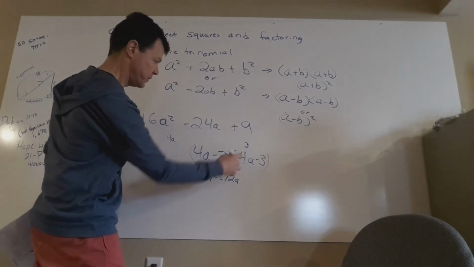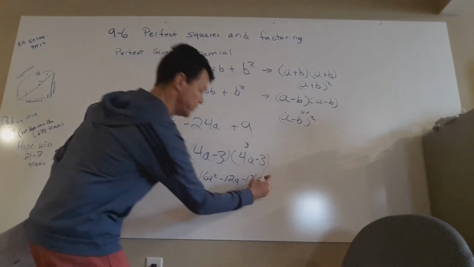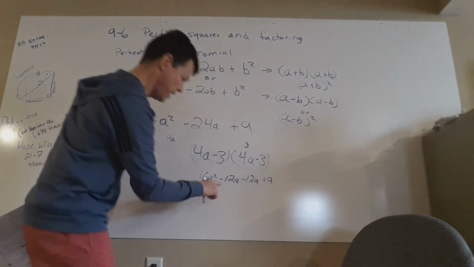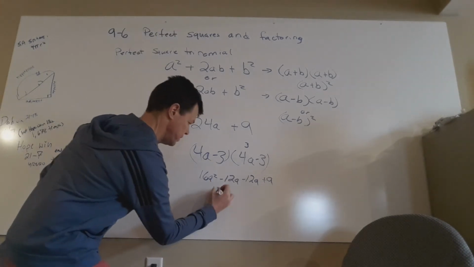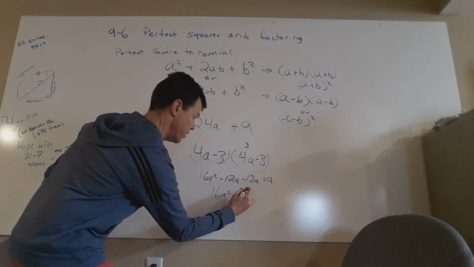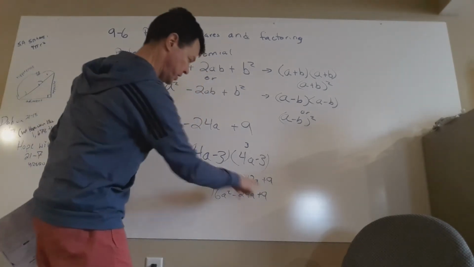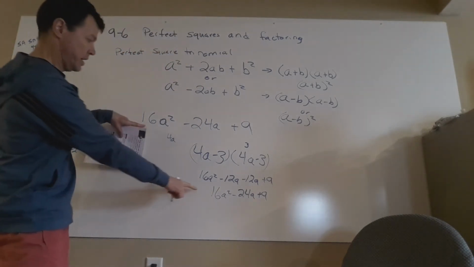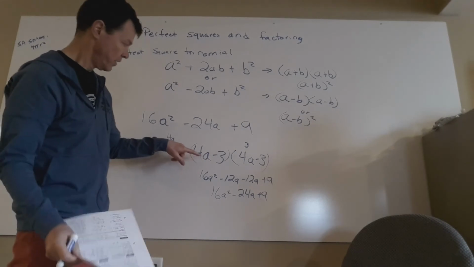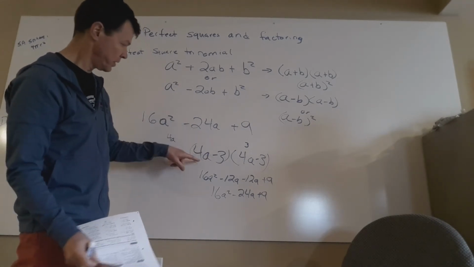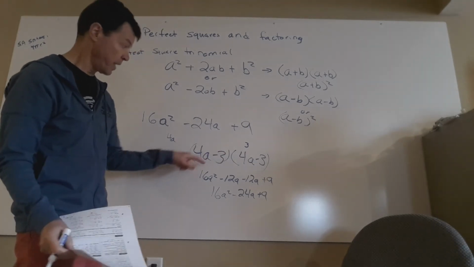Negative 3 times 4a, negative 12a. Negative 3 times negative 3 is plus 9. Negative 12a minus 12a is negative 24a. So 16a squared minus 24a plus 9. This is just a check, and it does in fact check out. So we are good. We can be very confident just saying our factored trinomial is 4a minus 3 times 4a minus 3, or you could just say 4a minus 3 quantity squared.